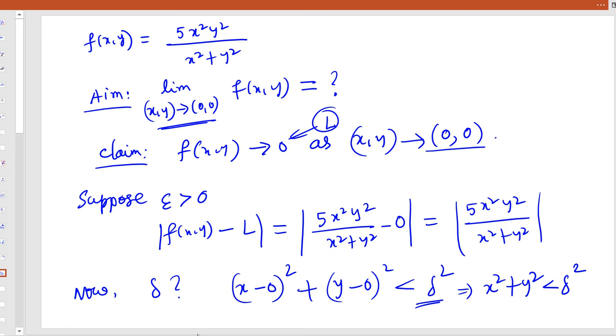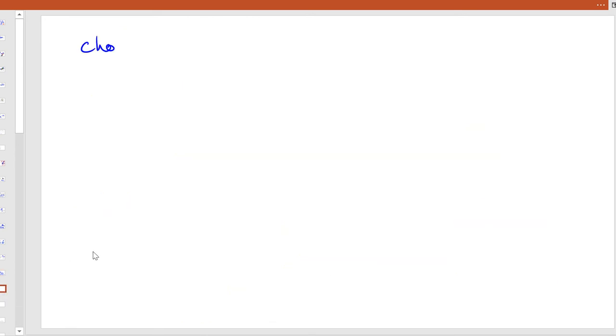Now remember we have said that this delta depends on epsilon. So let us choose delta square equals epsilon by 5. Then what will happen?